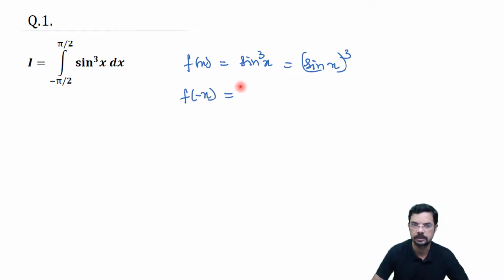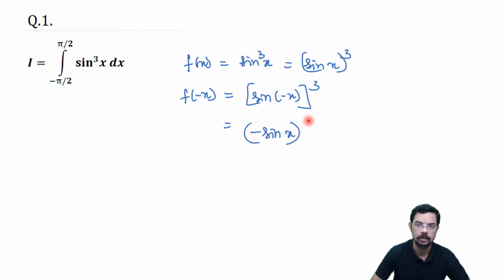F of minus x is equal to sine of minus x the whole raised to 3. We know that sine x is again an odd function, so sine of minus x is equal to minus sine x, and this is the whole cube. So this comes out to be minus of sine raised to 3x.